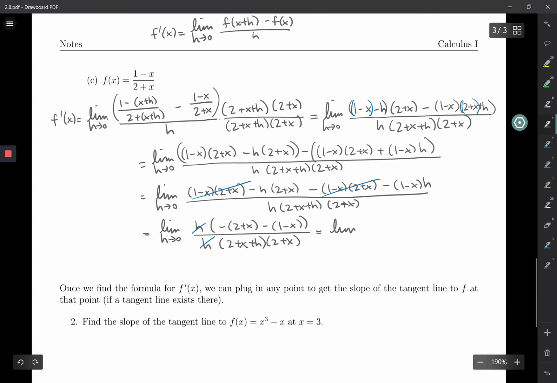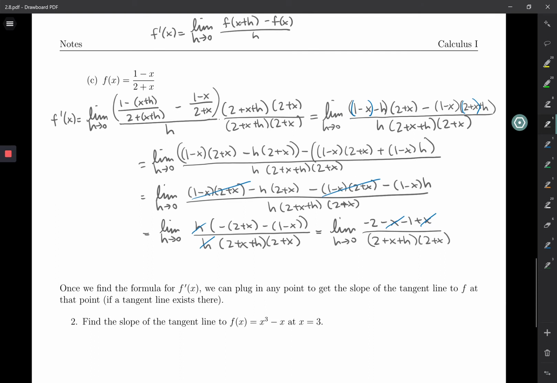Okay, and that is what we were looking to do, so that we can just plug in h equals 0. I'm going to simplify this numerator a bit, so we get negative 2 minus x minus 1 plus x. So we do get the cancellation of those x's in the numerator, and then the denominator will be 2 plus x plus h and 2 plus x.